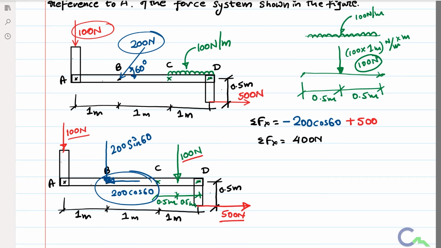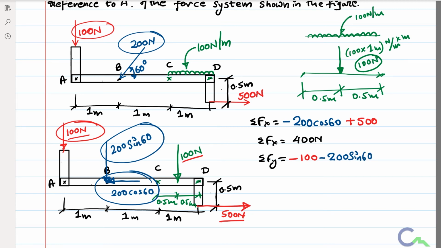So I am going to resolve these forces in the vertical direction. Sigma Fy is equal to, the first force I am going to consider, that is 100, acting downward, therefore minus 100. Then the vertical component of the 200 Newton force, that is 200 sin 60, again acting downward, therefore minus 200 sin 60.